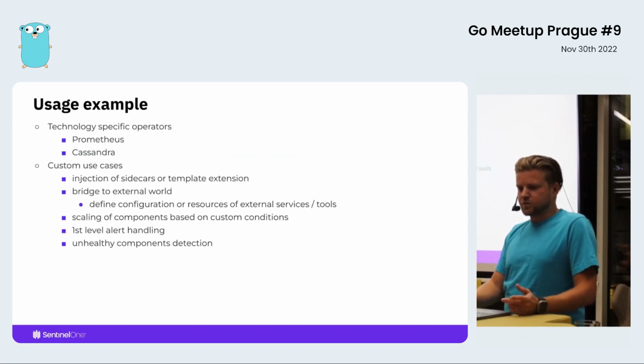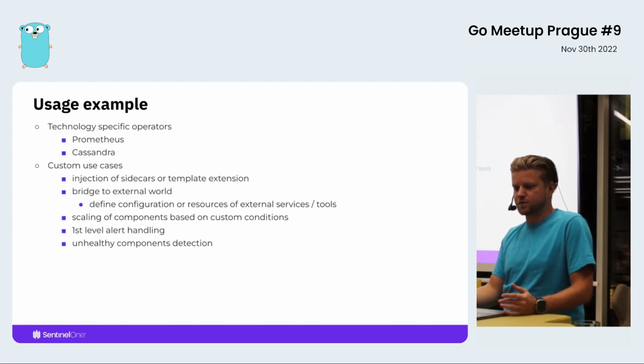There are some examples of operators. The Prometheus operator is quite common, and Cassandra and most of these technologies currently have a Kubernetes operator. These are use cases we actually used. You can use an operator for modifying pods, injecting sidecars, or making a bridge to the external world.